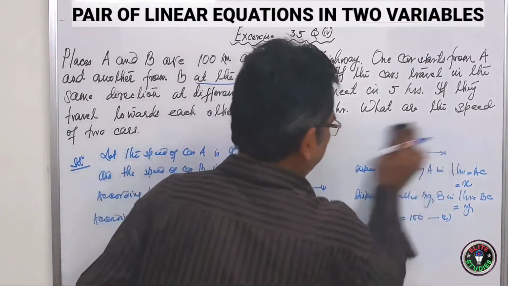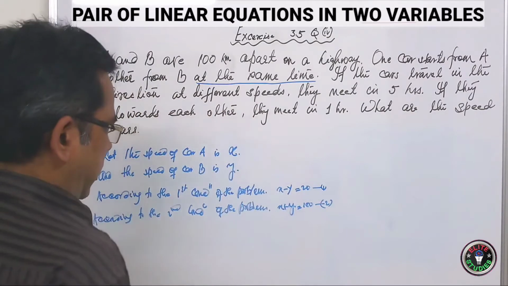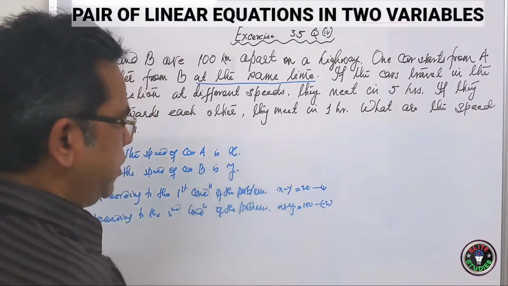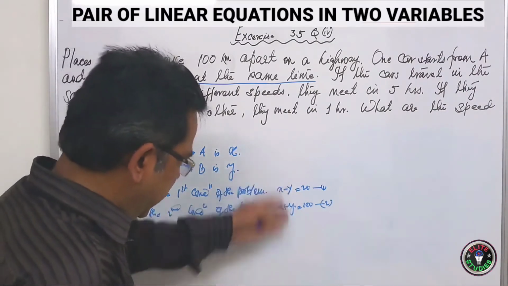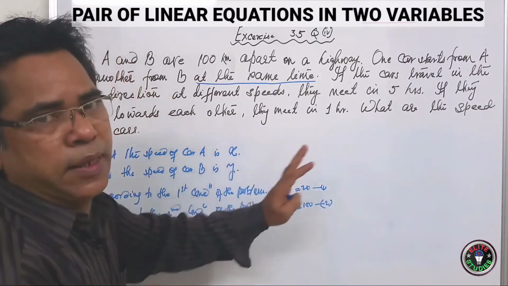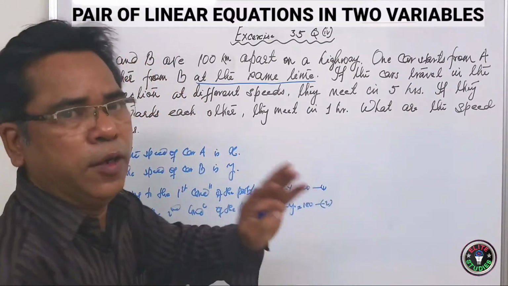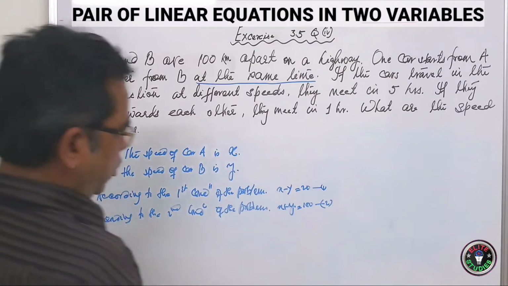Now what do you have to do? Now we will try to solve these equations. Though it can be easily done by other methods, we will do it by the cross multiplication method, so that I can explain how to solve a given pair of linear equations by cross multiplication.